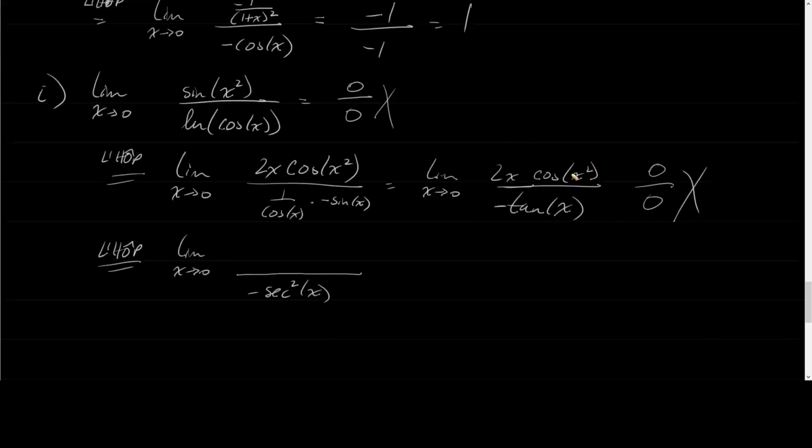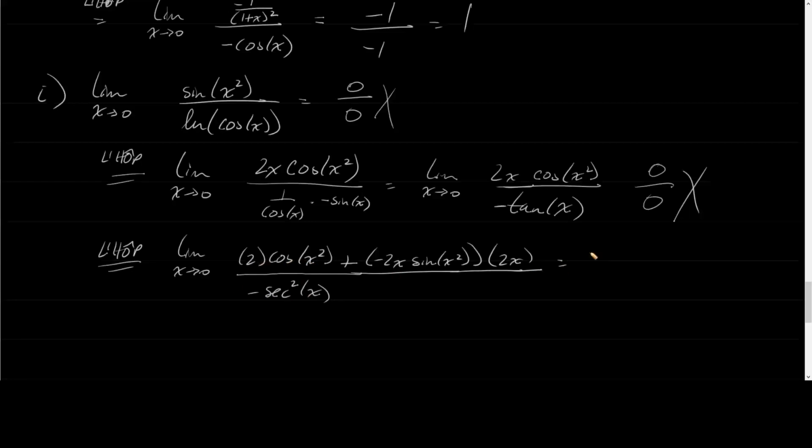On the top, however, we're taking a derivative, so I have to do the product rule: the derivative of the first times the second, plus the derivative of the second, which is negative 2x sine of x squared, times the first, 2x. Let's see what happens now as x goes to 0.